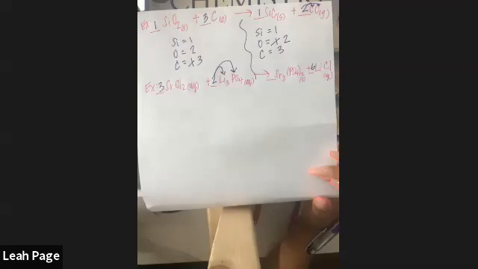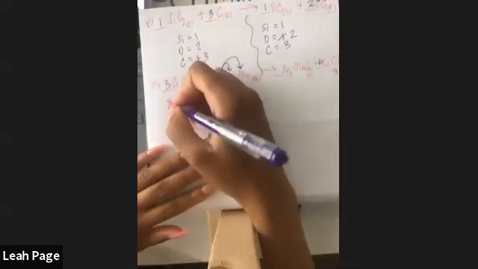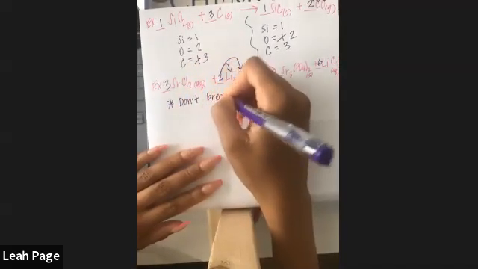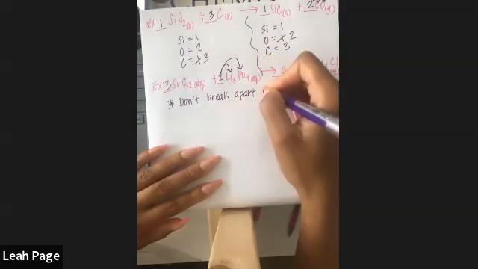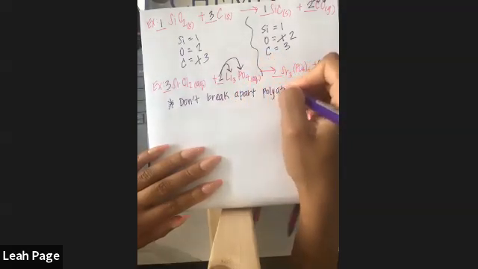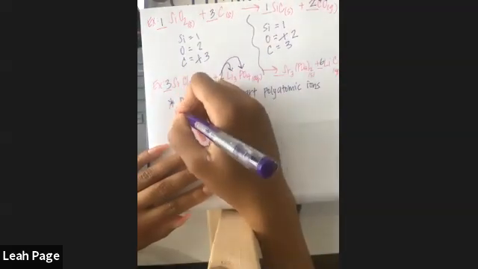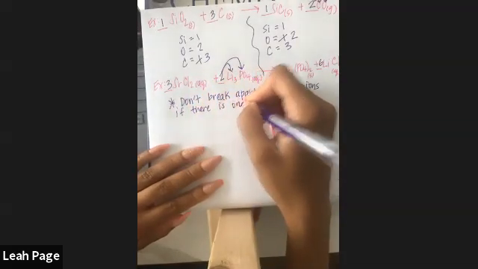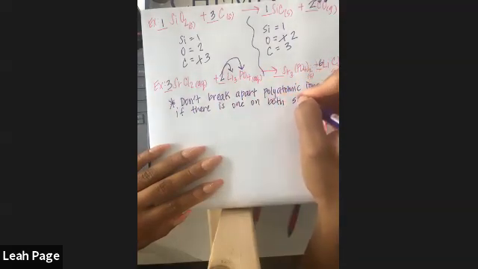I'm going to put a star here that says, don't break apart polyatomic ions if there's one on both sides of the arrow sign.